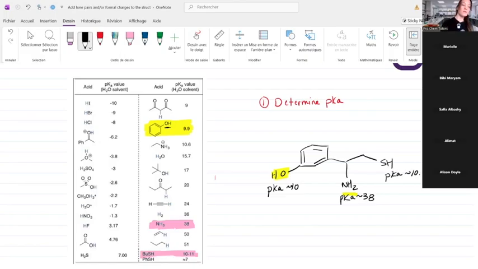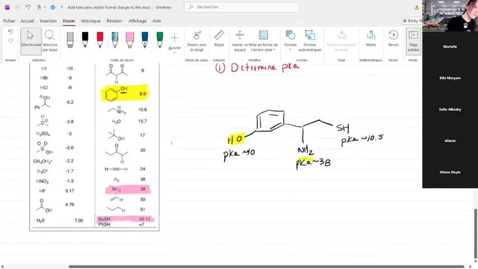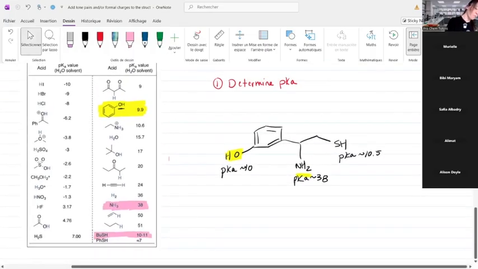Now to determine which will be the major species, the way I like to teach this is with a pH range.